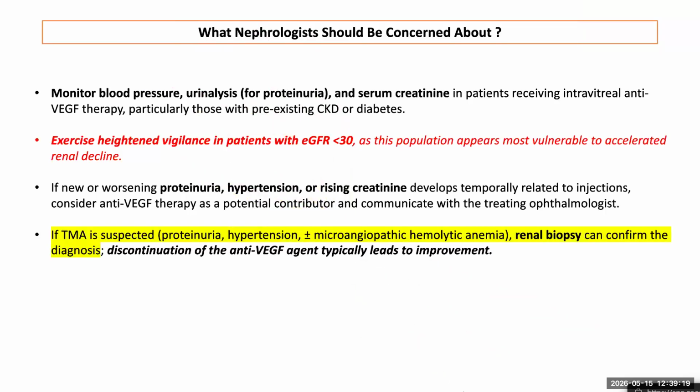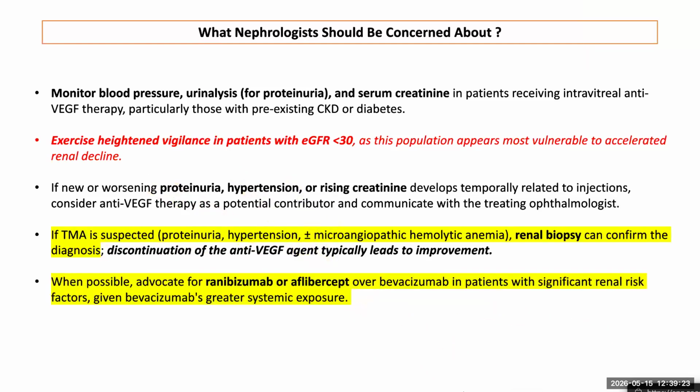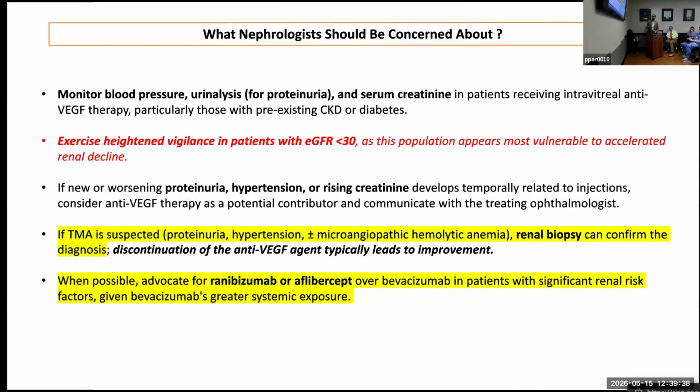If it is suspected, renal biopsy can guide, and discontinuation of the medication leads to improvement. When possible, these are medications proven to have less effect on the kidneys compared to bevacizumab, which is proven to have effects with both systemic as well as intravitreal injections.